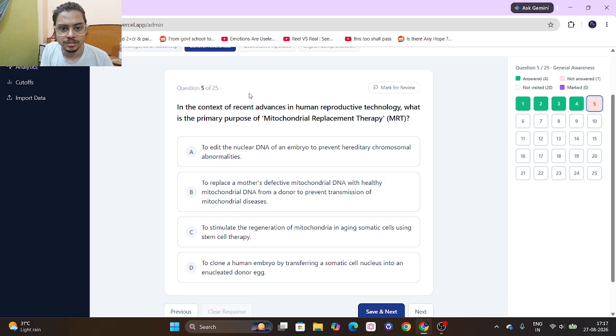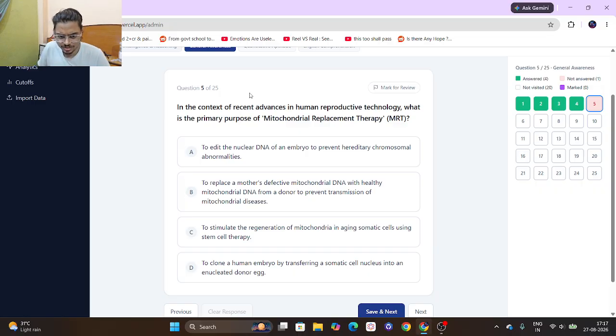In the context of recent advances in human reproductive technology, what is the primary purpose of mitochondrial replacement therapy? To edit the nuclear DNA of an embryo to prevent hereditary chromosomal abnormalities. To replace a mother's defective mitochondrial DNA with healthy mitochondrial DNA from a donor to prevent transmission of mitochondrial disease, something like this probably.